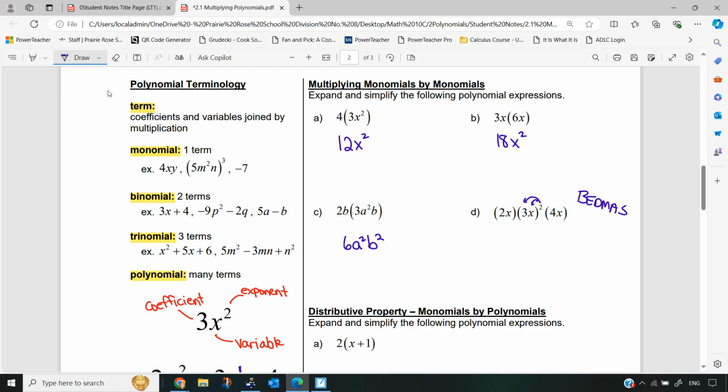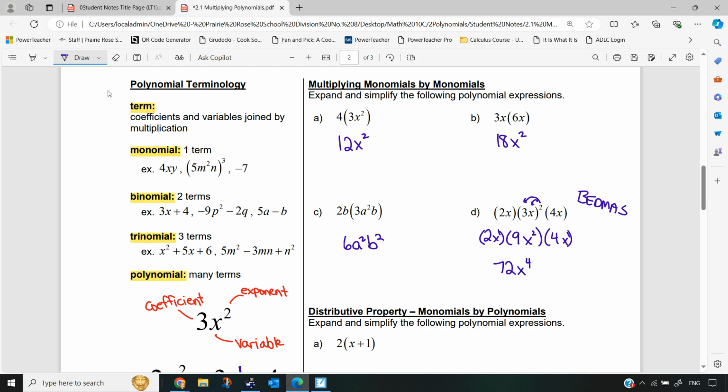So we have 2x times 3 squared is 9, so 9x squared, and then 4x. So 9 times 4 is 36, times 2 is 72, and then x times x squared times x, so x to the 1 times x squared times x to the 1 gives me x to the 4th.